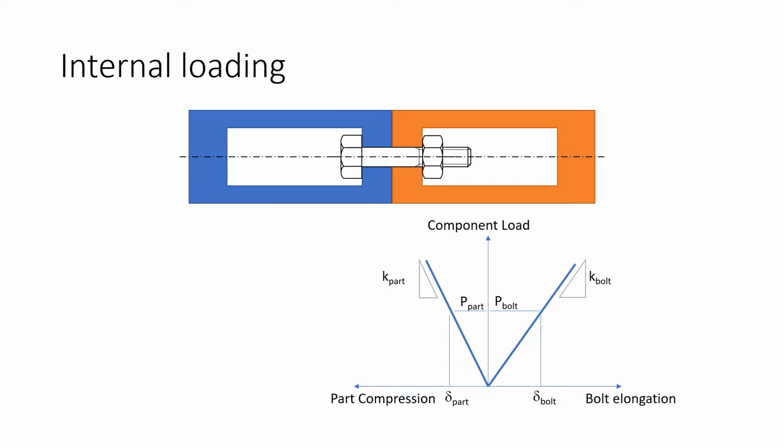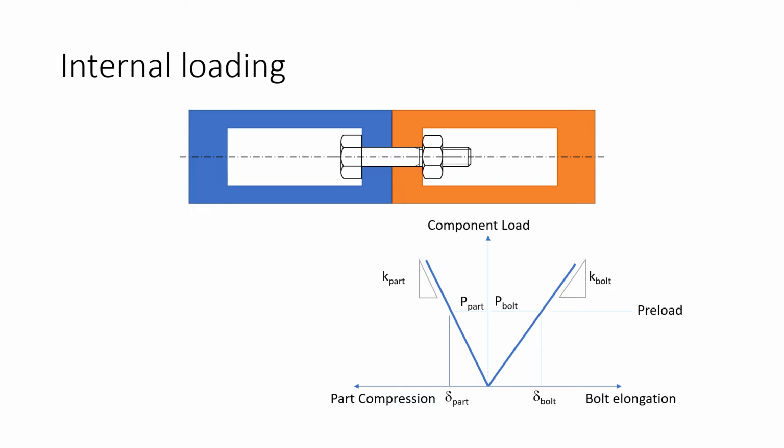In proportion to their stiffness, say K bolt, if we apply the bolt load, we'll get a delta bolt, and because we're applying that load to the part, we've got a P part, and in proportion to its stiffness, we get a delta part. So delta part is the amount by which the parts in the stack compress, and delta bolt is the amount that the bolt elongated. You'll notice that they're not the same, and they're in proportion to their respective stiffnesses.